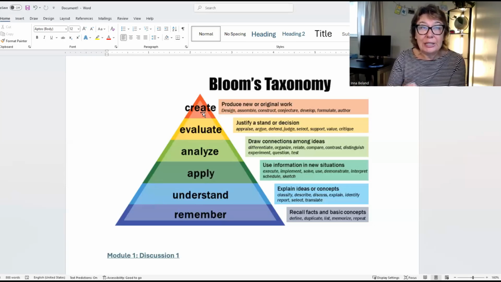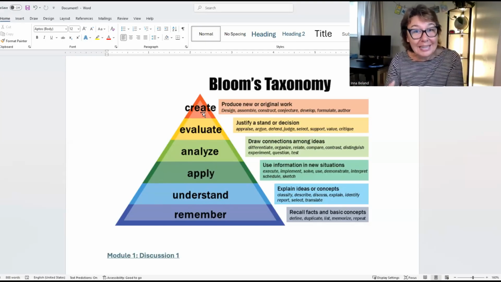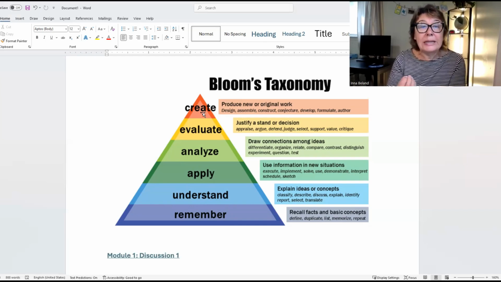You demonstrate creation, your new understanding. It can be called lessons learned from your analysis, from your evaluation, from your application. Lessons learned is about creation of new understanding of the phenomenon or issue. I hope it makes sense.